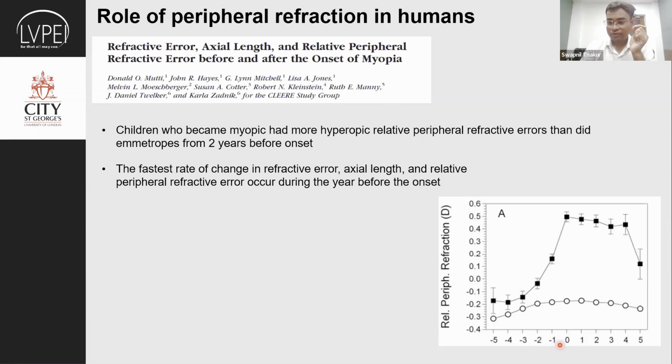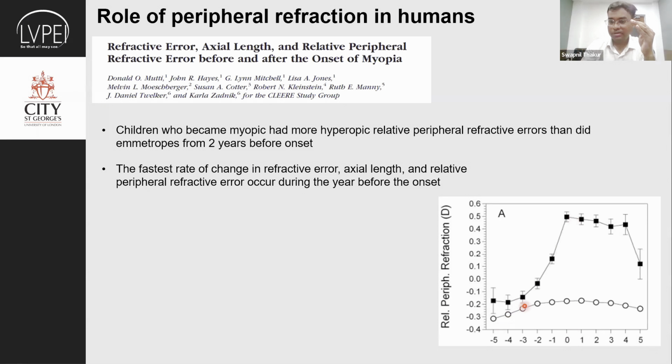So if you carefully focus on this graph, for the black squares, even before the onset of myopia, you notice that the person who has become myopic had a relative peripheral hyperopia. It started to increase, and then at the myopia onset, the relative peripheral hyperopia was at peak.